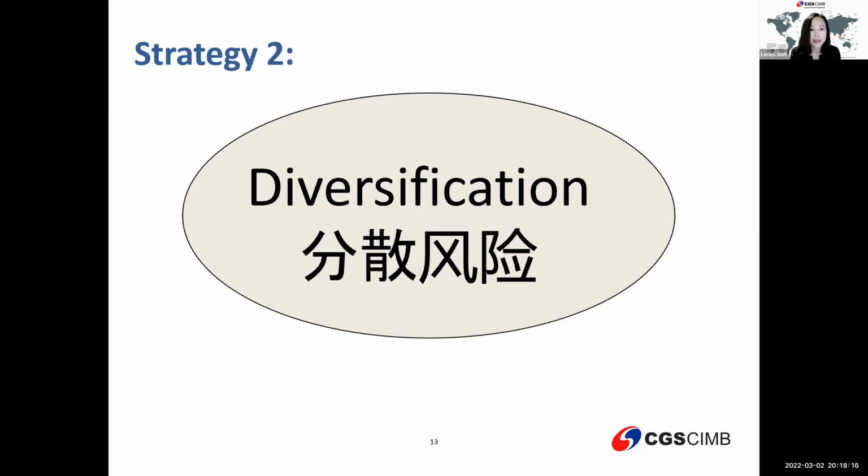I can buy into positions of different counters or even different regions. So at least if something happens to company A, my company B probably will not be that badly hit. So in a way, it diversifies my risk, or even across different geographical areas.